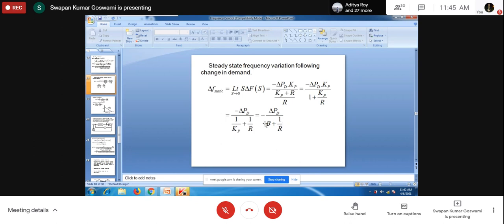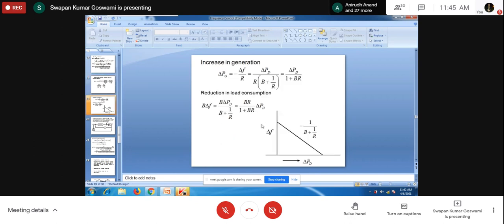It is not possible. So if the situation is like this, what will happen? During morning hours, you have fixed the operating frequency for your system. Now, during morning hours the load is less. As the day progresses, what happens? Load increases, and because of increased demand it is certain that frequency will decrease. That means frequency will start decreasing as the demand increases.